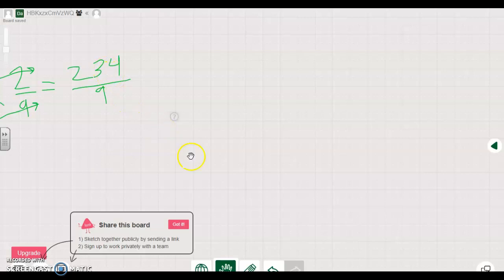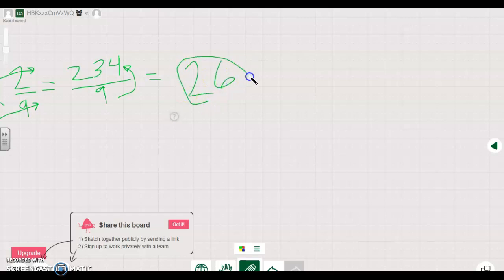Now all I have to do is simplify 234 over 9. You always divide the bottom into the top, so that's 234 divided by 9. And that will give us 26.